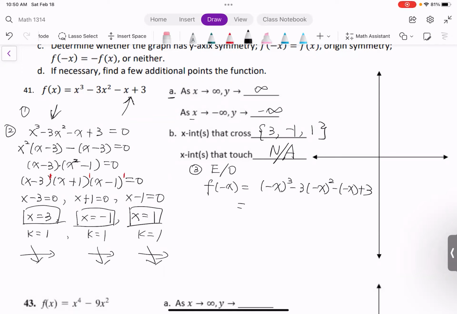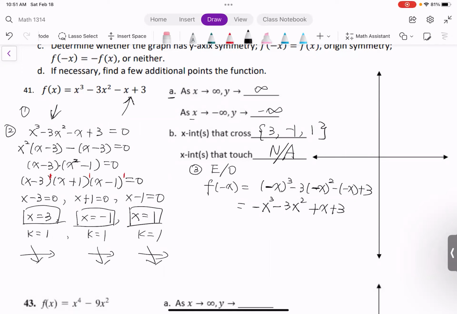Negative base with cubed power 3, the power is odd, so we must have a negative. Negative x cubed minus 3x squared, because the power is squared, plus x plus 3.